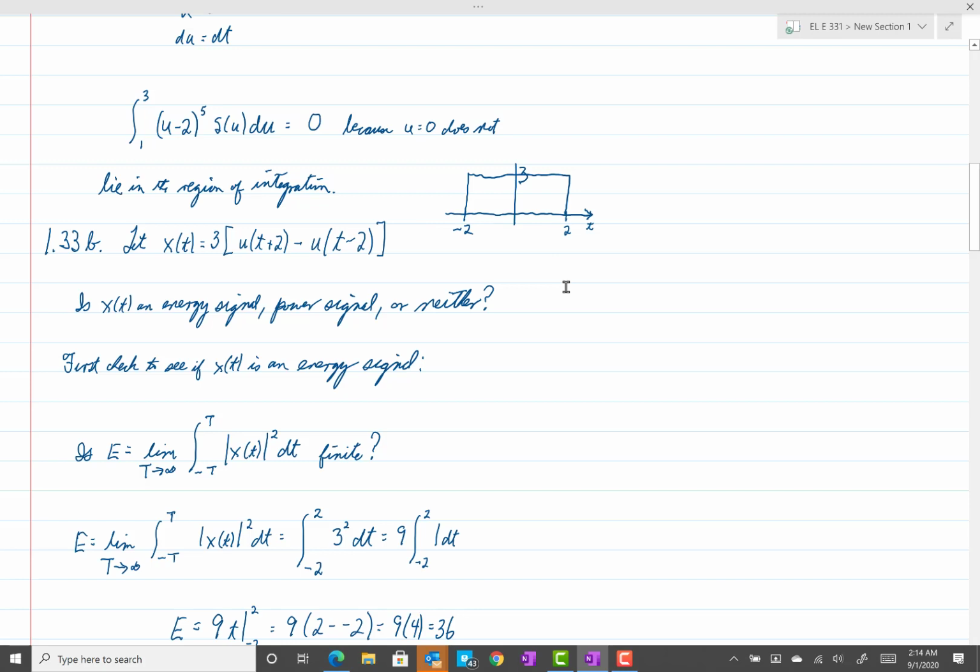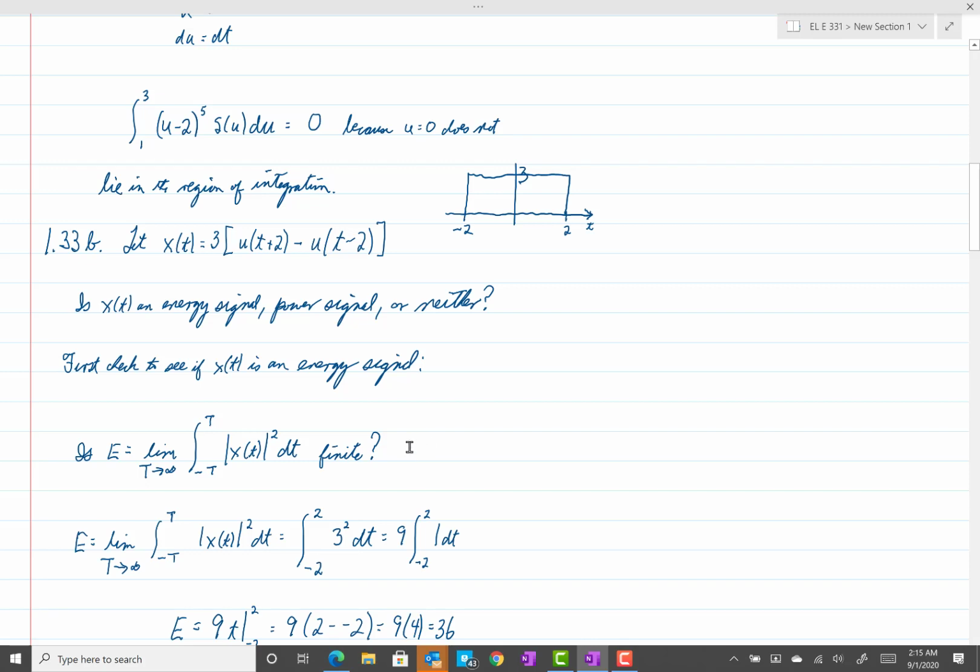And we want to know if this is an energy signal, a power signal, or neither. And so the first thing we do in problems of this type is we ask ourselves, well, is it an energy signal?